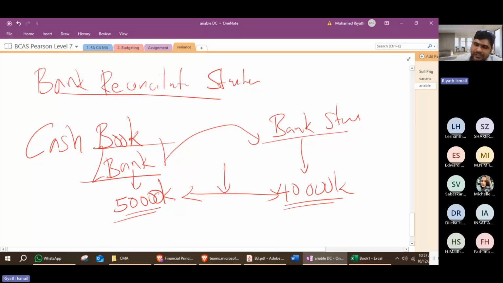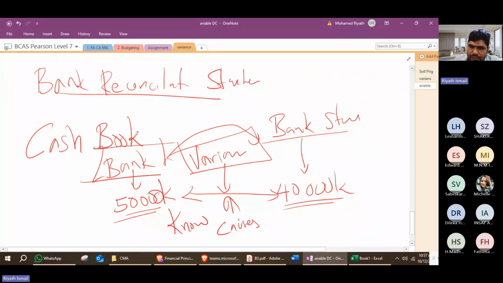It's a kind of variance. As an accountant, you should know the reasons, the causes of this variation.